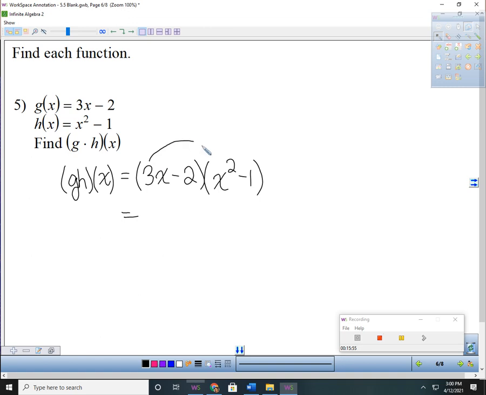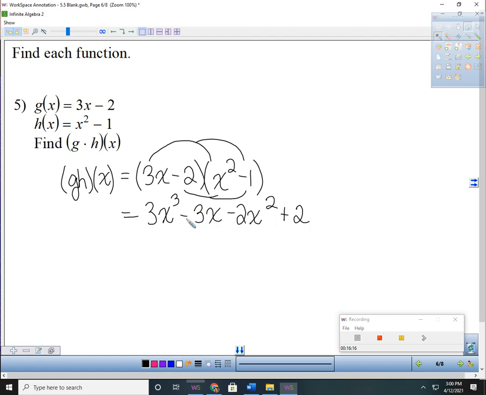So 3x times x squared is 3x to the 3rd. And 3x times negative 1 is negative 3x. Negative 2 times x squared is negative 2x squared. And negative 2 times negative 1 is positive 2.